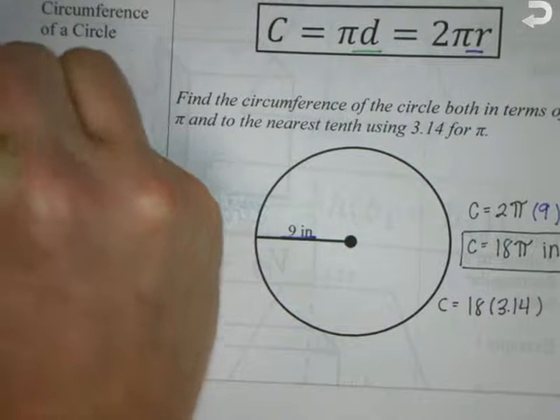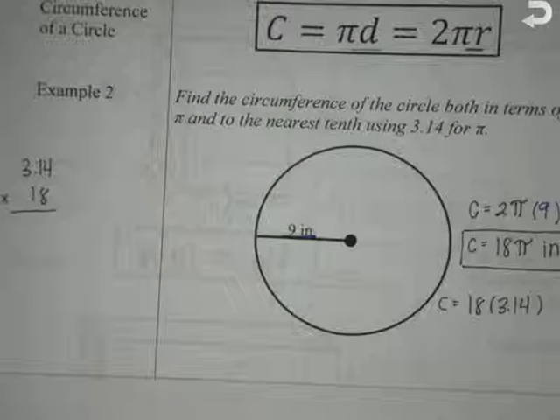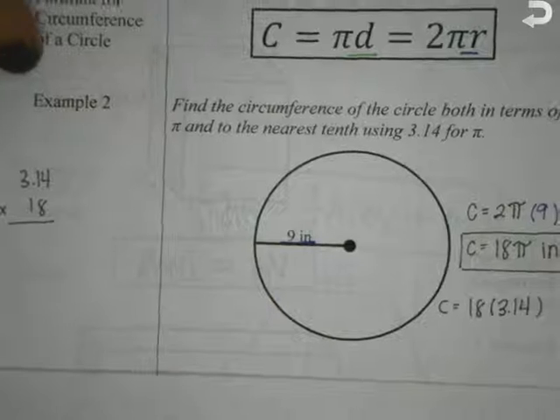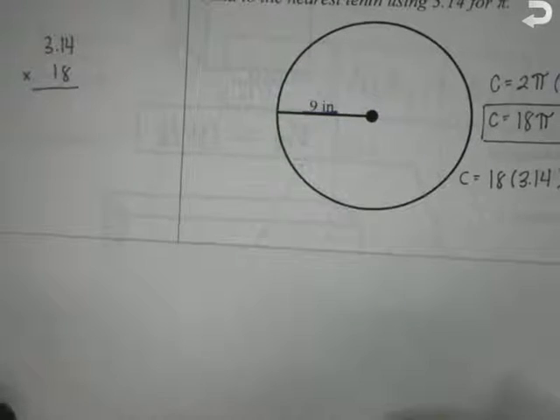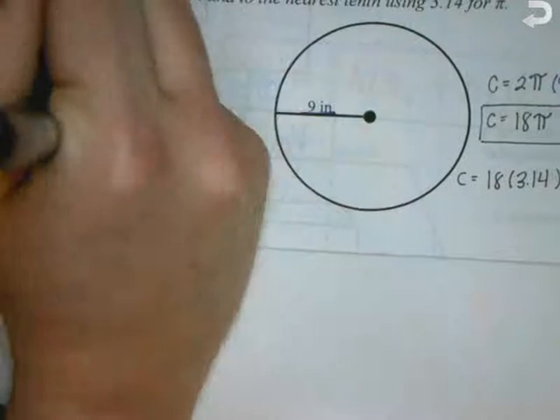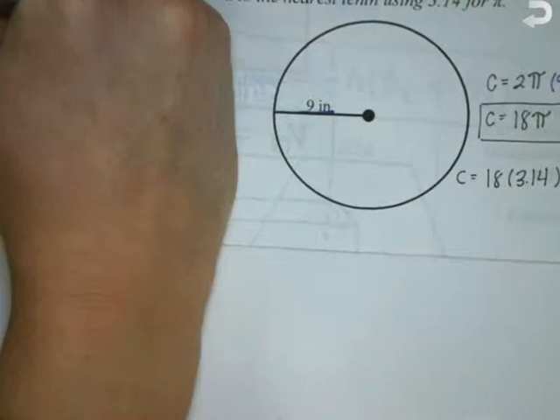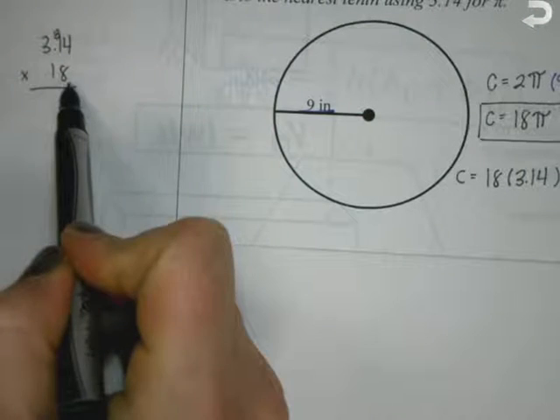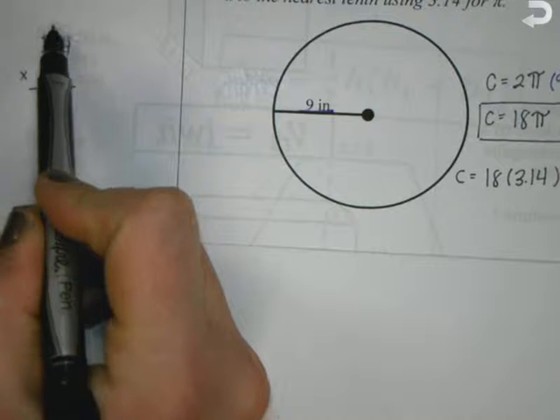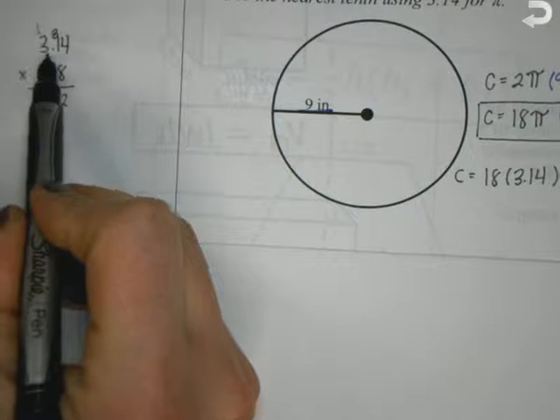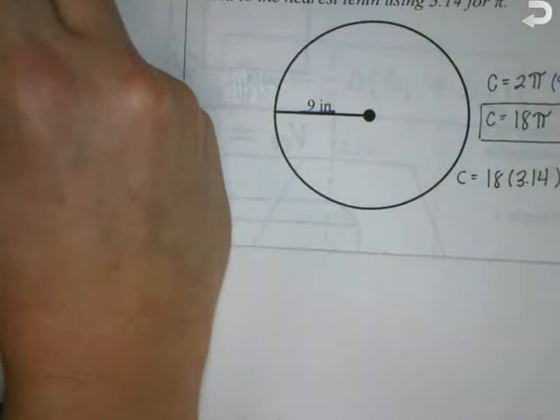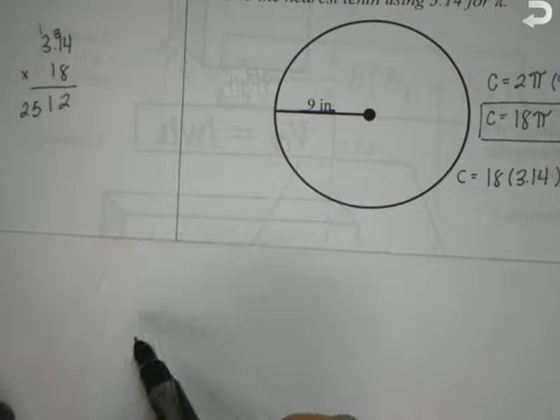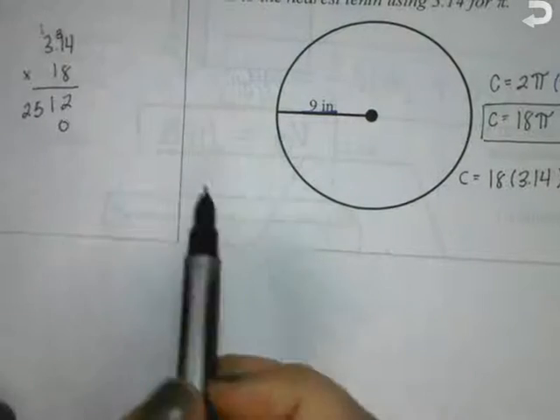Carry the 3. 8 times 1 is 8, plus 3 is 11. And 8 times 3 gives me 24, plus 1 is 25. Placeholder. 1 times 4 is 4, 1 times 1 is 1, and 1 times 3 is 3. Let's add all of that together. So we get 2, 5, 6, 5.